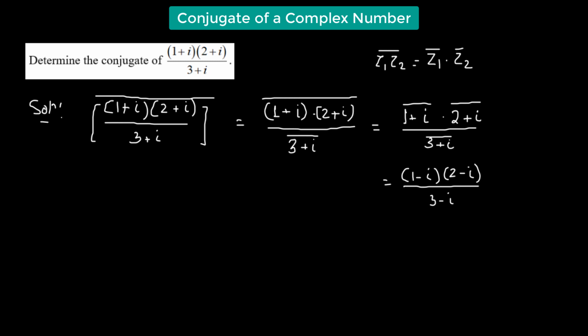So this is the conjugate. Now we have to convert it into the standard form, so that would be 1 minus i times 2 minus i divided by 3 minus i.